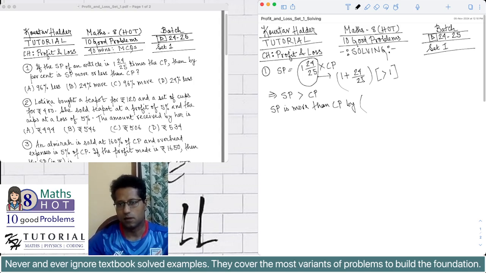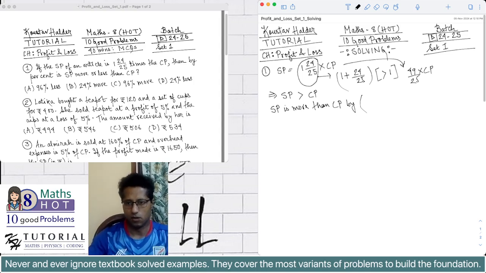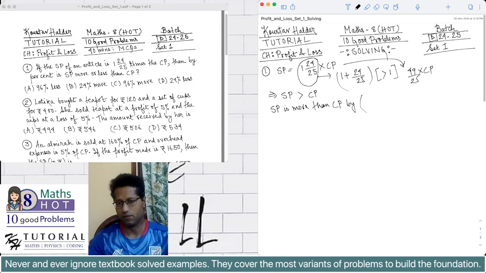So we know that SP is equal to, now, let's convert the mixed fraction 1 and 24 by 25 into an improper fraction. So it becomes 49 by 25 multiplied by CP. So SP is equal to 49 by 25 multiplied by CP. Now we are calculating the difference between SP and CP in terms of CP.